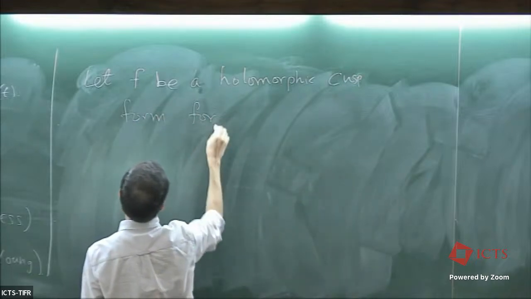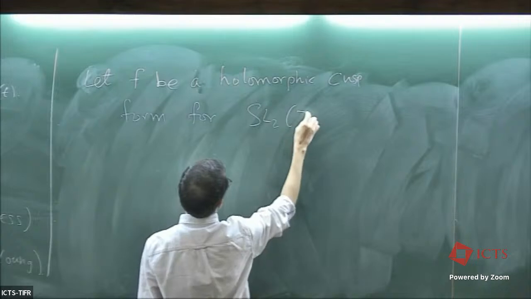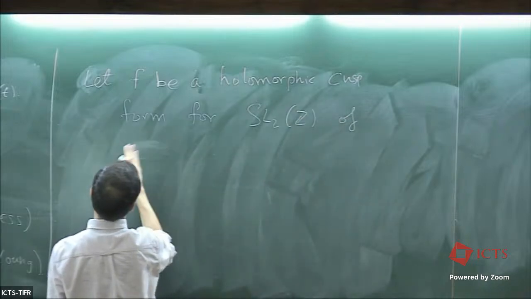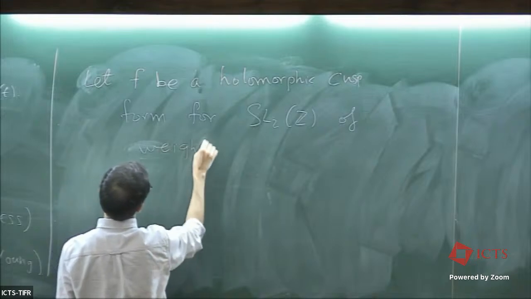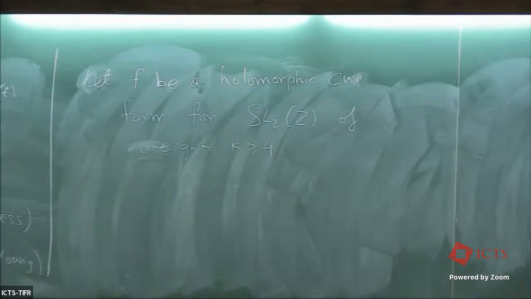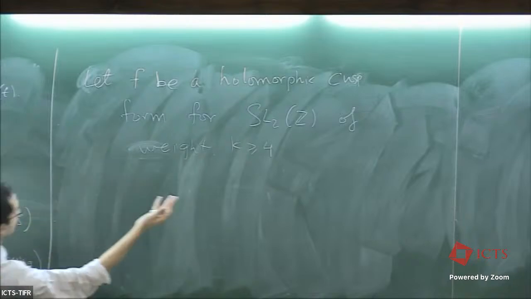I'm going to do it for the group SL2(Z), and I'm going to take a certain weight k bigger than or equal to 4. Okay. And a very quick warm up of what a holomorphic cusp form is.